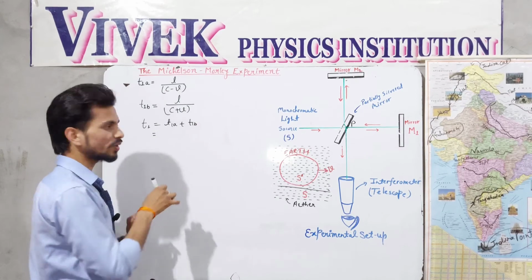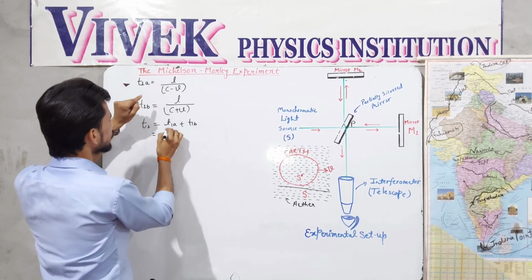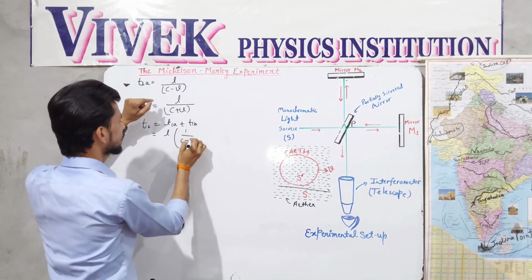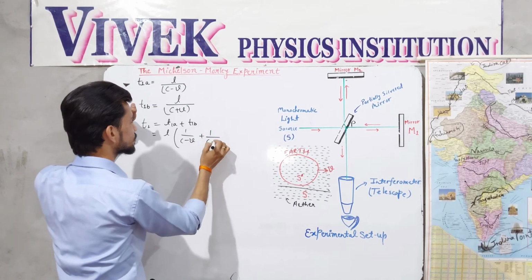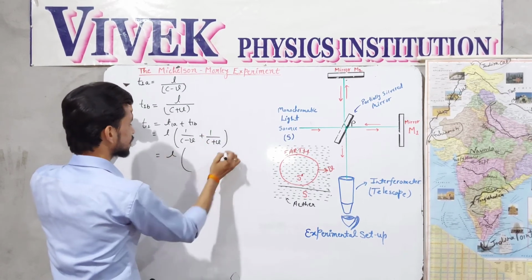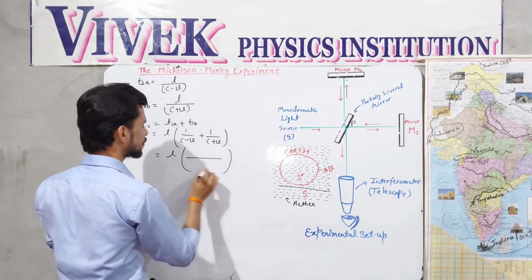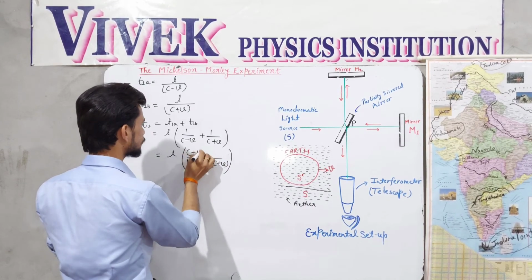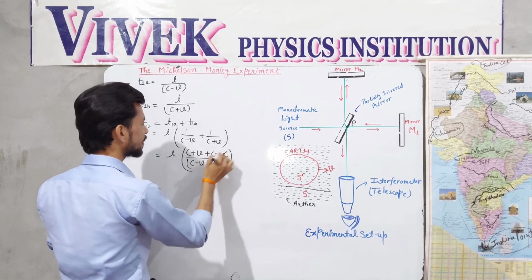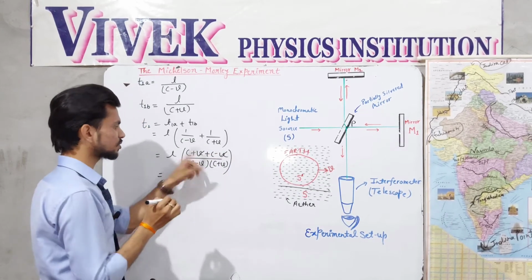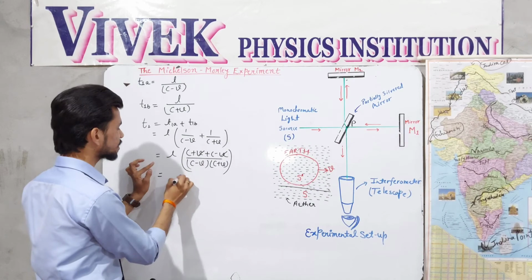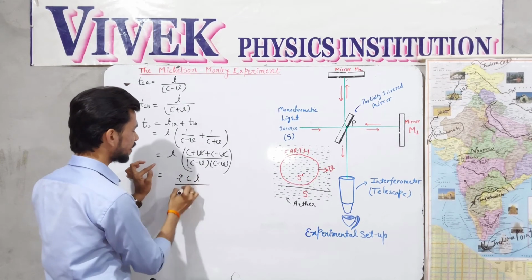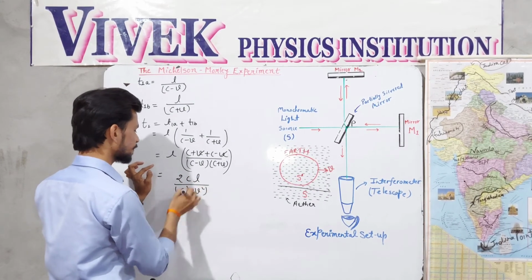Let me add these two equations. Here L is common, and the remaining terms are 1 upon c minus v plus 1 upon c plus v. You can solve this by simple algebra: c plus v plus c minus v, v is cancelled by v, and the remaining term is 2c times L. This is 2cL divided by c square minus v square.